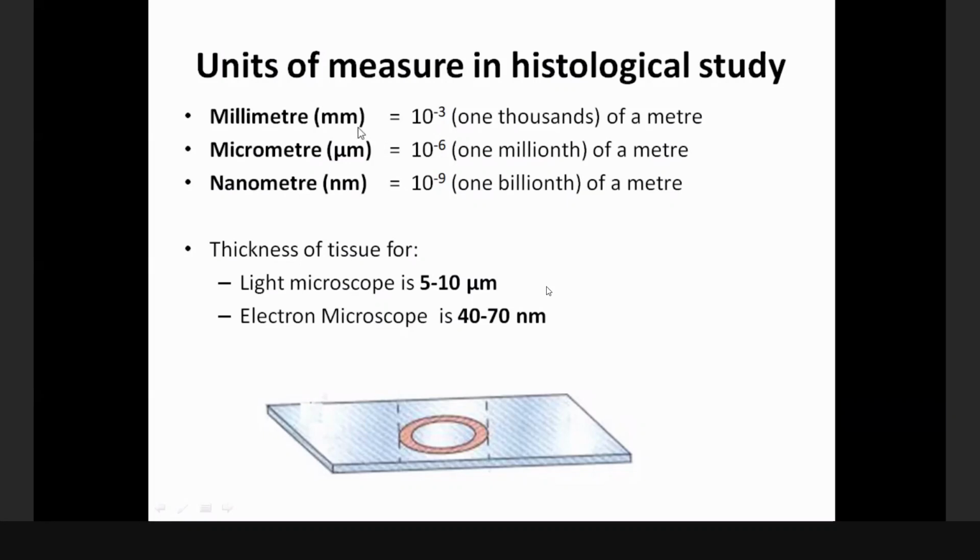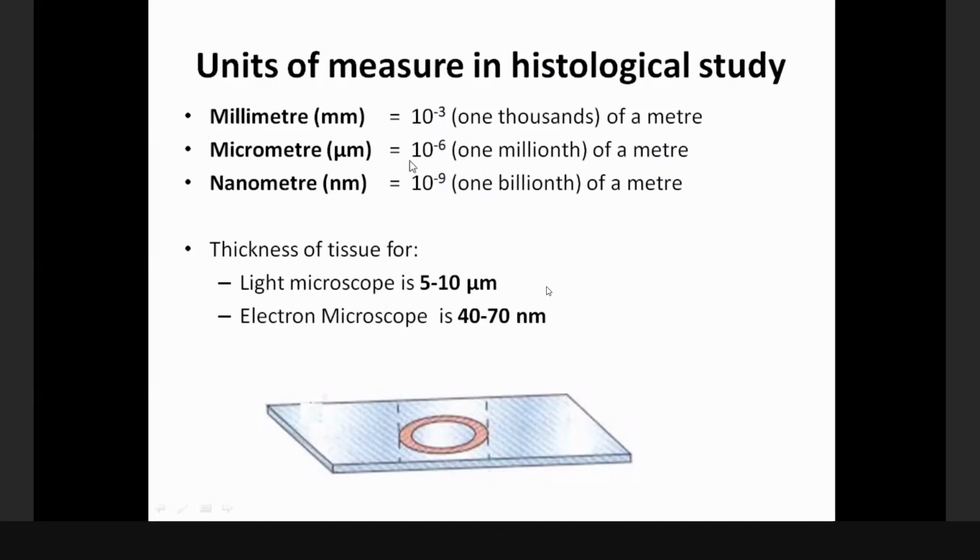I would like to remind you that a millimeter is 1/1000th of a meter. In other words, 1 meter is made up of, or has in it, 1000 millimeters. So you have to think according to this. Similarly, we have micrometer, frequently used in histology.